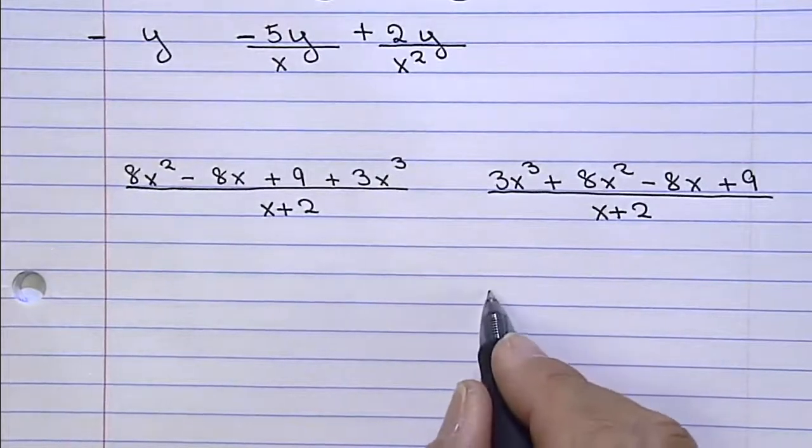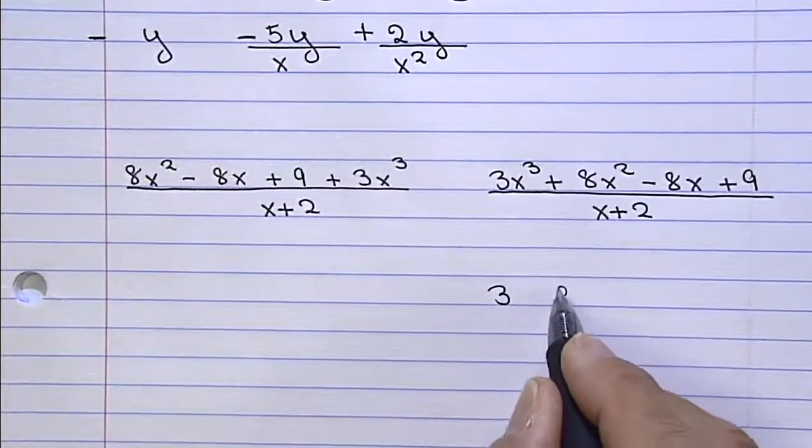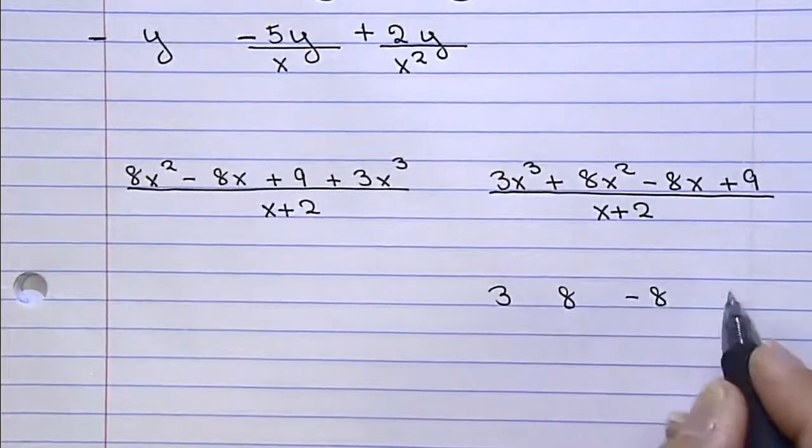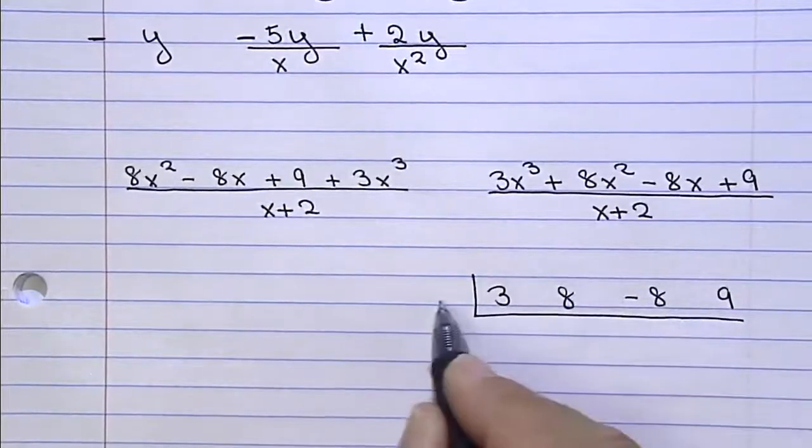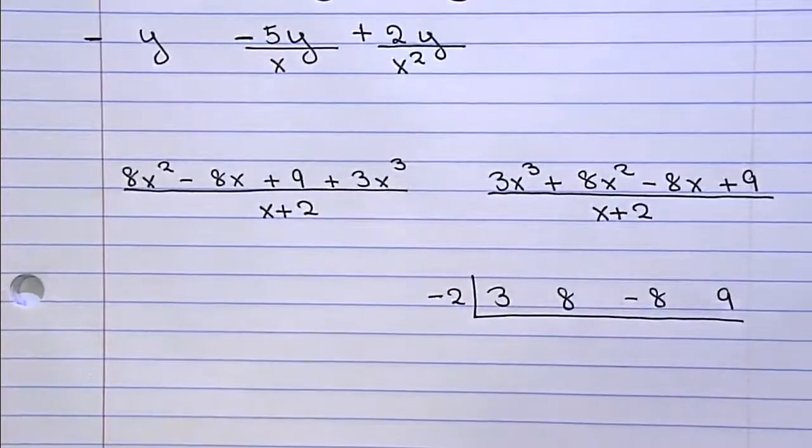If I'm doing synthetic, those are my numbers, and that's my divisor, right?